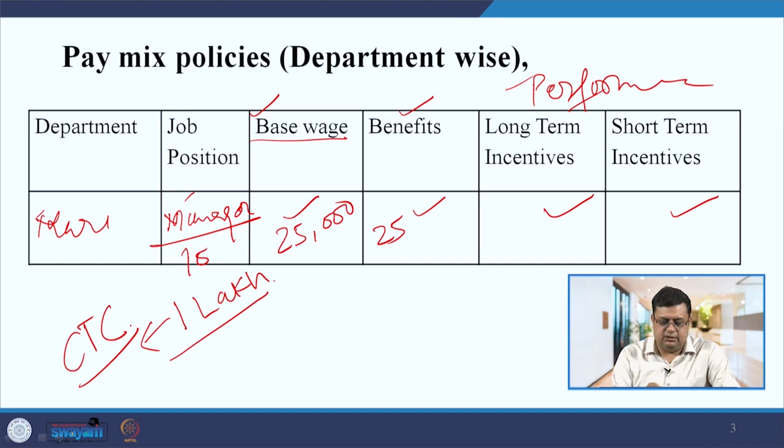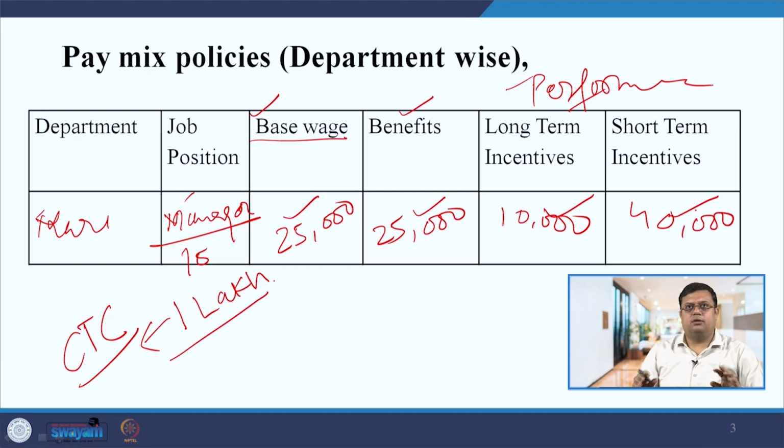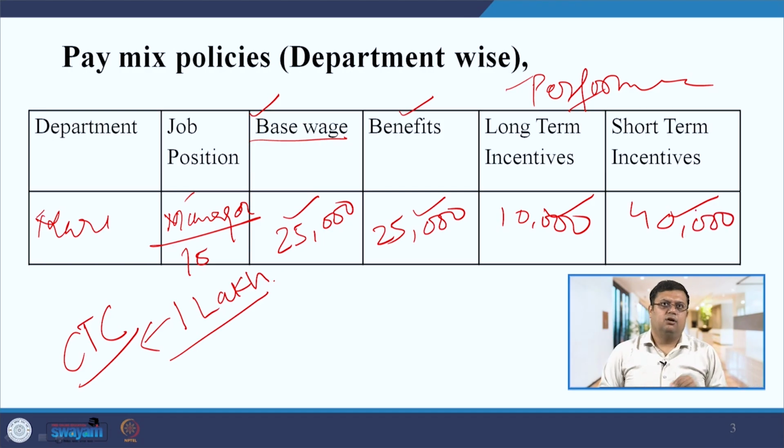This 1 lakh rupees is the CTC, without any deduction. In it, 25,000 comes from the base salary, 25,000 comes through the benefits, long term incentives are just 10,000, and short term incentives are 40,000 per month. So, this is the composition of the salary of a manager. Now what you understand here is that constant pressure is there, because the base rate is fixed, it cannot be reduced, this is the fixed amount.